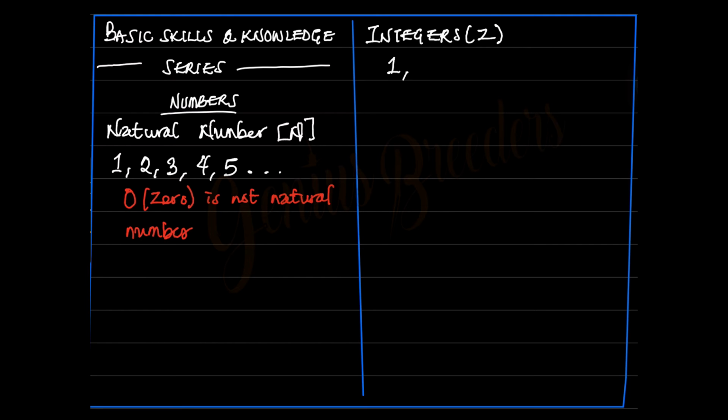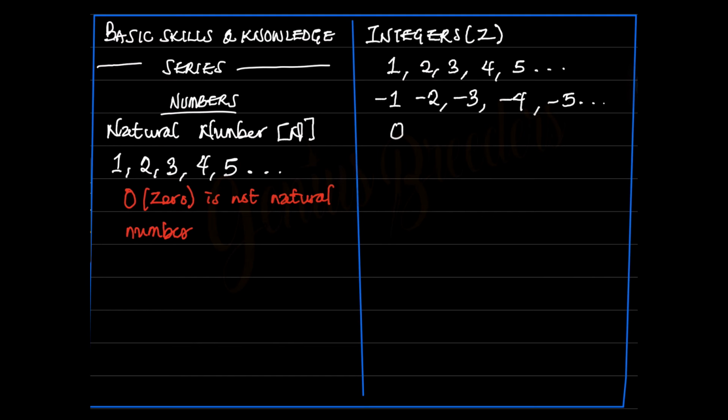So you have your 1, 2, 3, 4, 5, and so on and so forth. Now, they include also the negative of the natural numbers. So -1, -2, -3, -4, -5, and so on and so forth. And finally, they include your 0, which is not included in natural numbers.